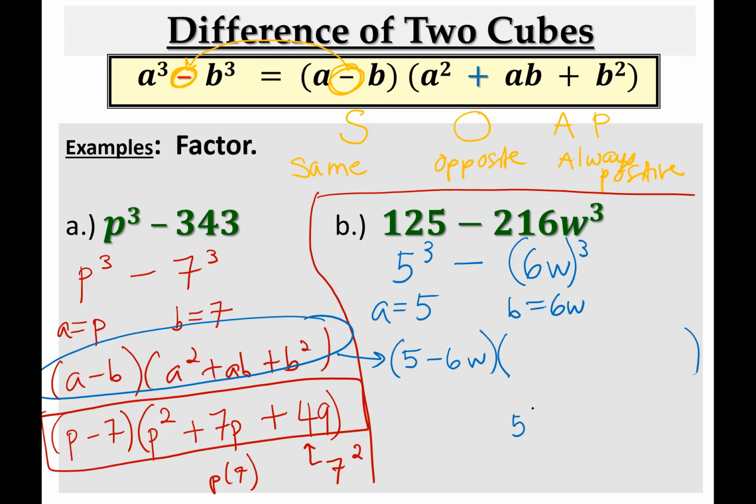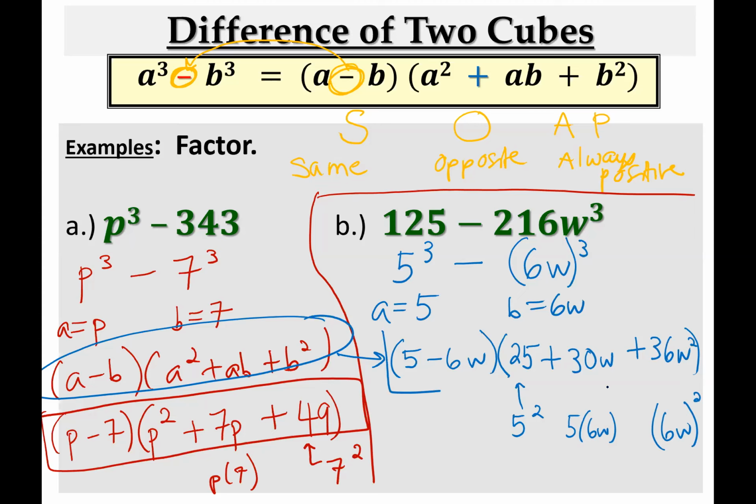Next, a squared. Instead of writing a squared, let's figure out 5 squared, and that's 25. Okay, plus, instead of ab, I'm going to multiply 5 times 6w, which is 30w for my middle term. Finally, always positive, plus. My last term, that's b squared, so I'm doing 6w squared, which turns into 36w squared.